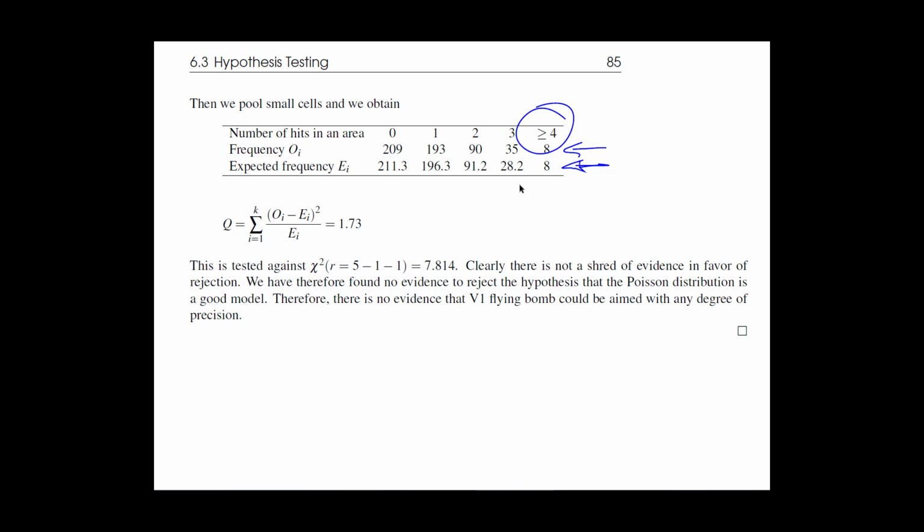With that, we do the differences, square them, divide by E, and add them up, and we obtain 1.73. Then we proceed as we have done the last couple of lectures: compare that observed value, which should be little q naught if I want to be consistent, a realization of Q.